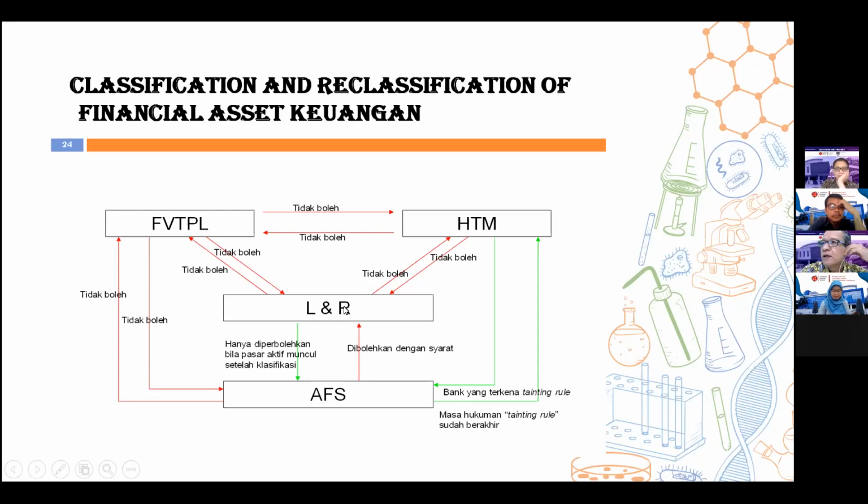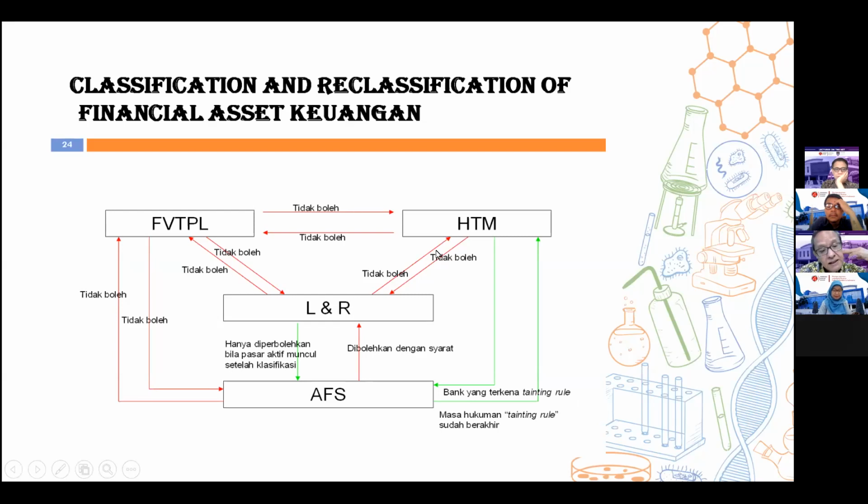So if you give a loan to a customer, your receivable on your loan, you cannot sell it easily to other people. If you cannot sell it easily to other people, then you have to categorize it as loan and receivable instead of held to maturity. But if you can sell it to other people in the market, then you call it held to maturity.